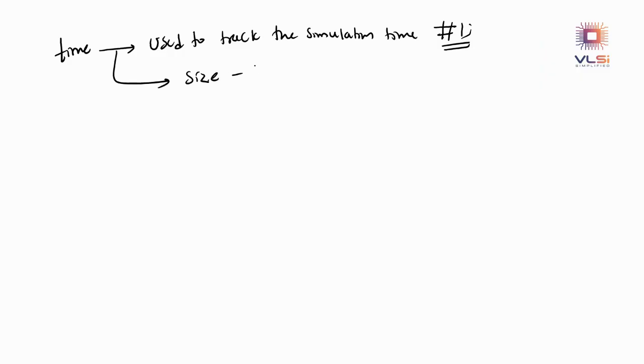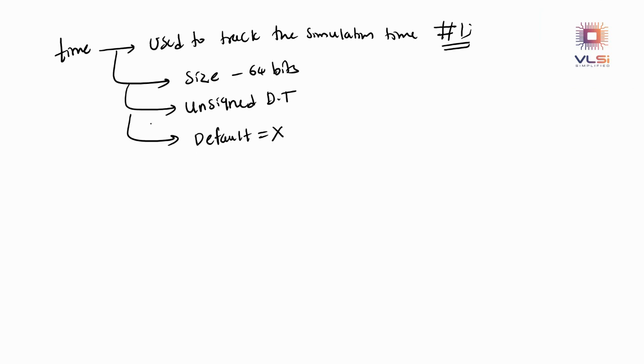The size of this data type is 64 bits. It is an unsigned data type, since time cannot be negative, and the default value is x. We can represent it with $time. So this is about the time data type.